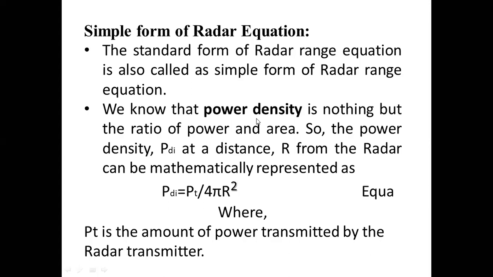So first of all, the power density is nothing but the ratio of power and area. We are going to represent it as PDI. From the radar it can be mathematically represented as PDI equal to the ratio of transmitted power by area. Area is nothing but 4 pi R square.